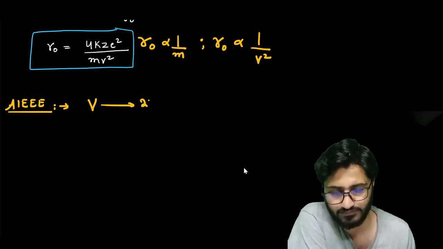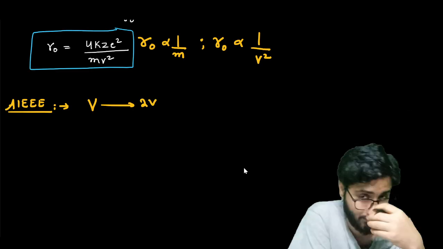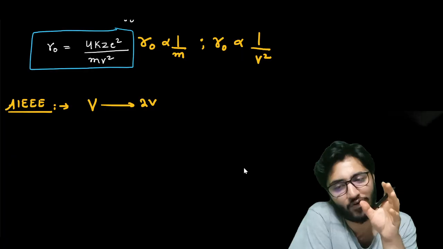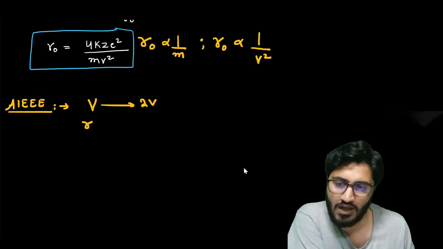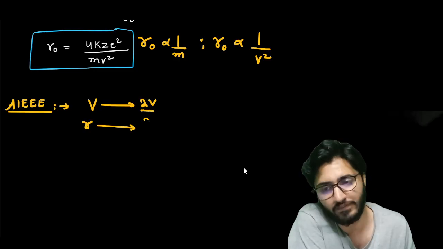If we throw the particle with velocity V, the closest approach is R. Now, if the velocity goes to 2V, what will be the new distance?